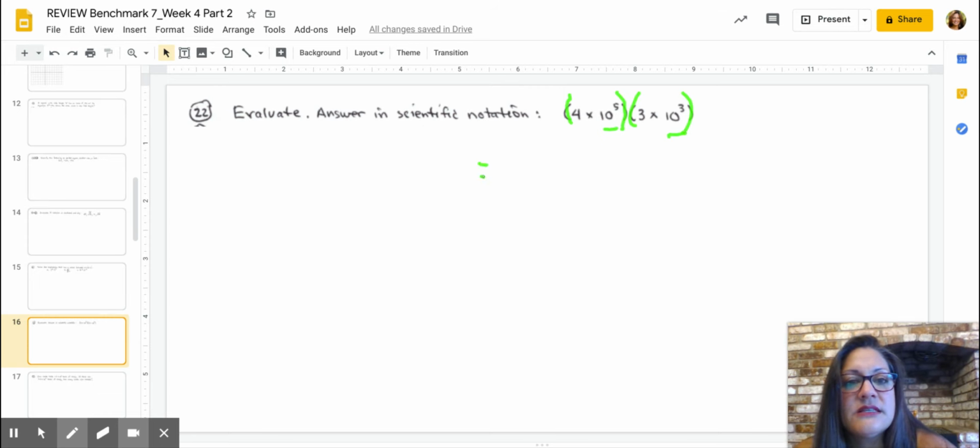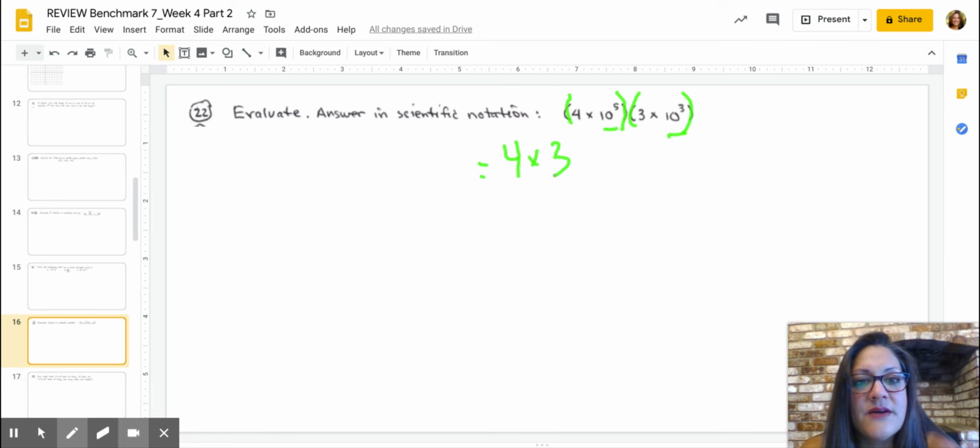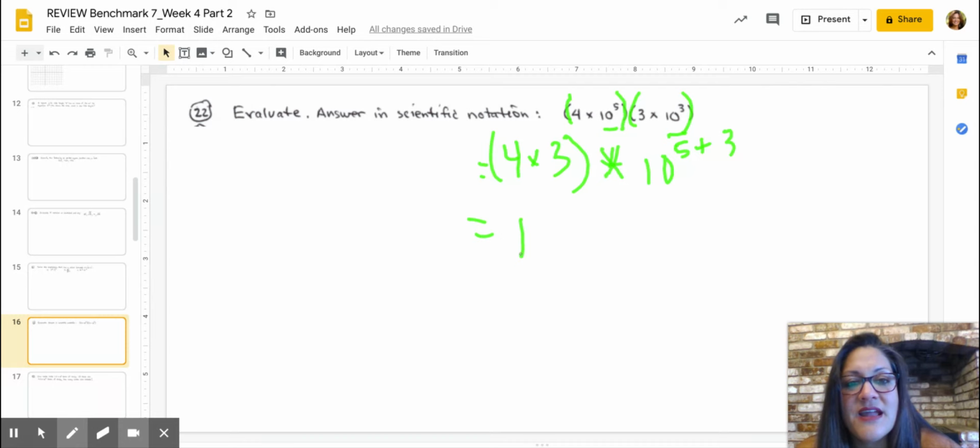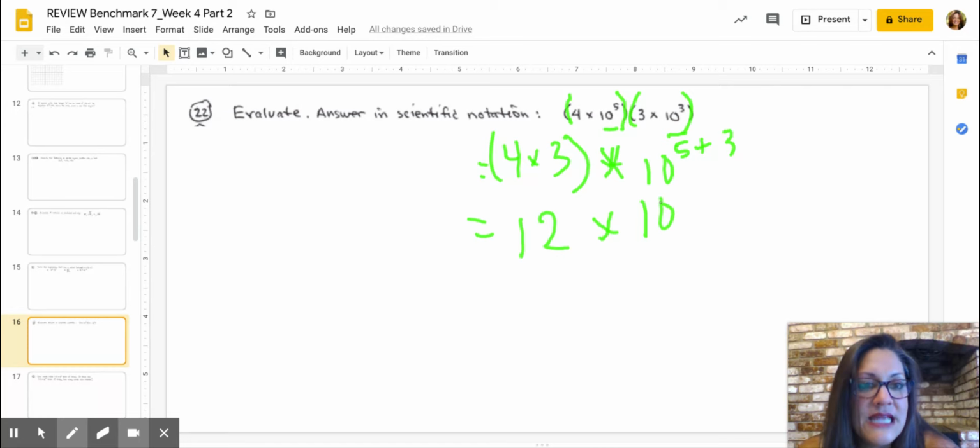This is the same as 4 times 3, times 10 to the 5 plus 3. Simplify. 12 times 10 to the 8th.